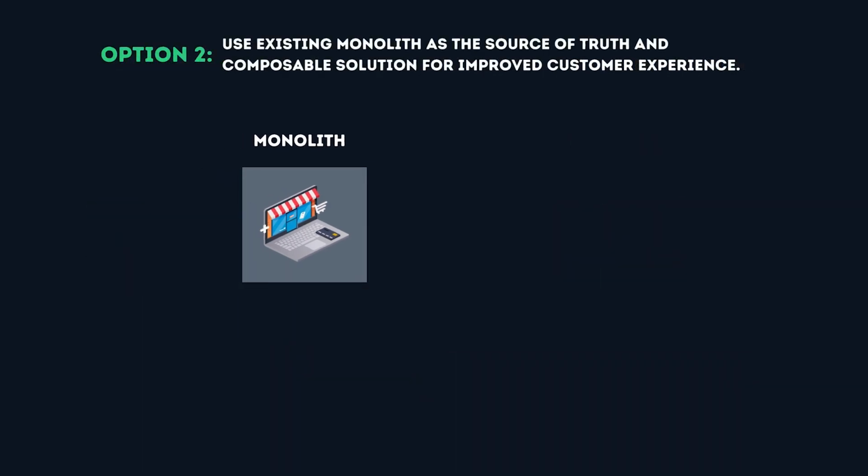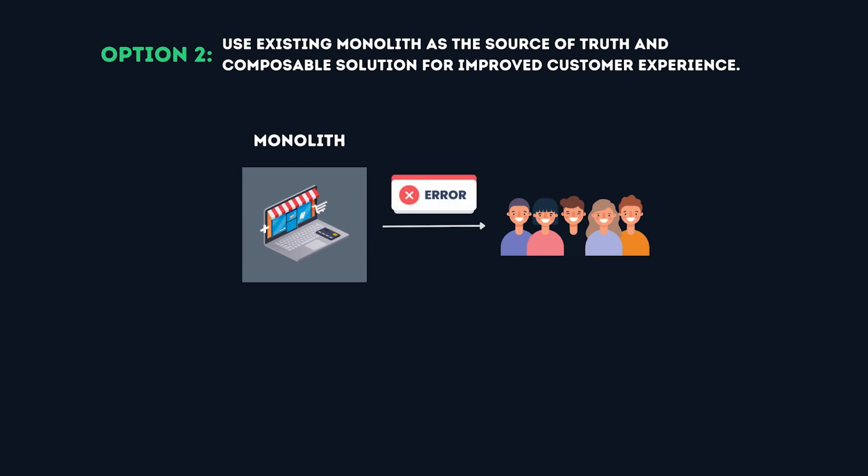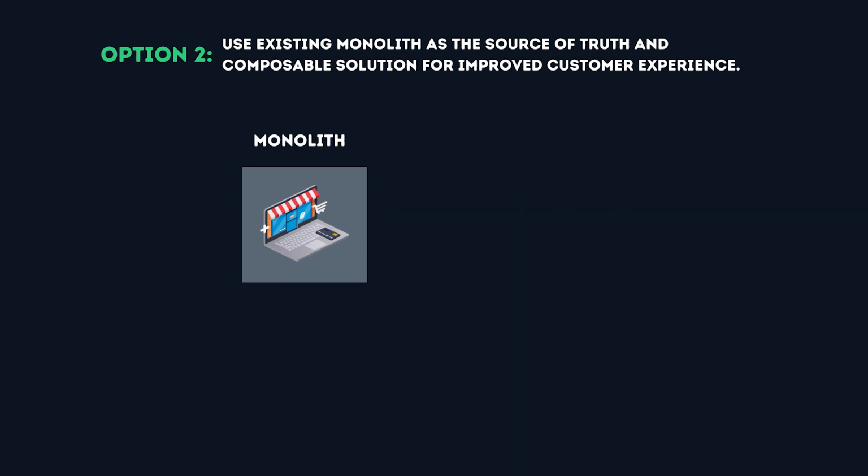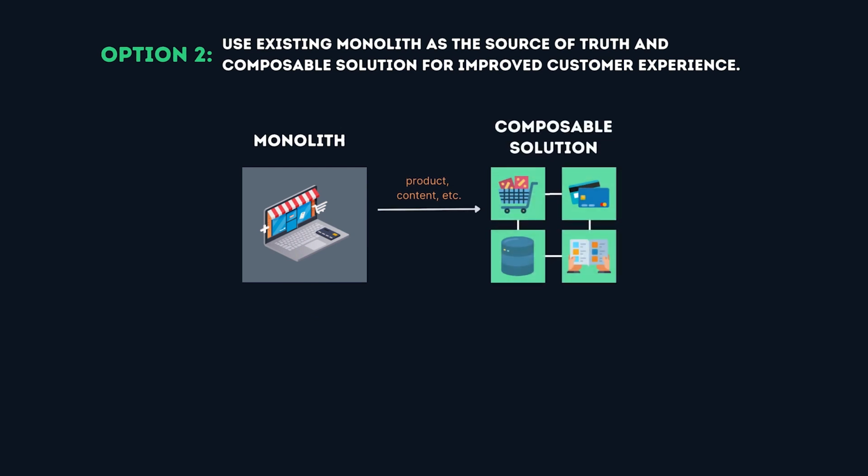Another tactic is to let the existing system play a supportive role. This approach is your go-to if you have major pain points that need to be addressed. For example, an existing system that can't handle current traffic demands. In this scenario, your monolith still acts as the source of truth for your data and business operations remain undisturbed until you're closer to completion. Here, data gets synced between the monolith and your new composable solution.